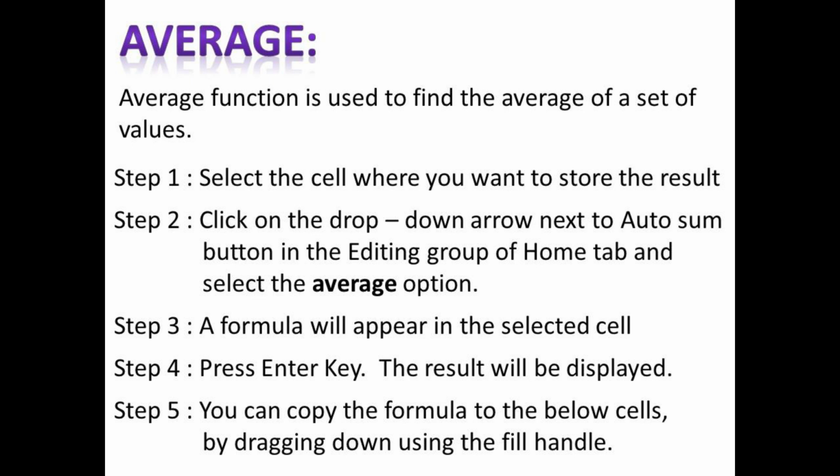In the previous function you have selected the sum option, but here you have to select the average option. Step 3, a formula will appear in the selected cell, and next step is press the enter key so that the result will be displayed in the selected cell. After completing this, if you want to copy the formula to the next cells or to the below cells, you can do it by dragging down using the fill handle tool.